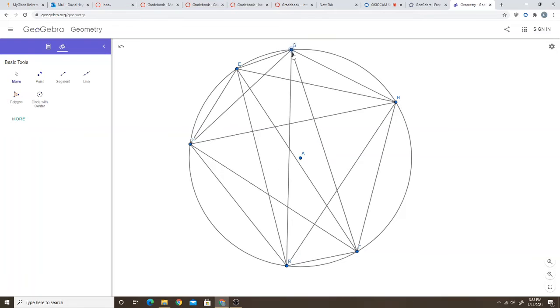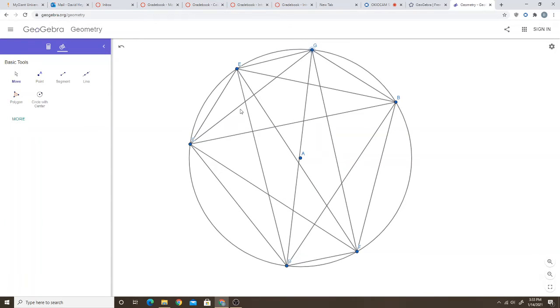So we know that the maximum number of regions happens whenever all of your nodes only have 2 intersections, right? So there's only 2 lines here, 2 there, 2 there, 2 there. And you can check all of the nodes and you'll see that there's only 2 lines intersecting at each node. That's going to give you the maximum number of regions, and when you count them up, you only get 31.